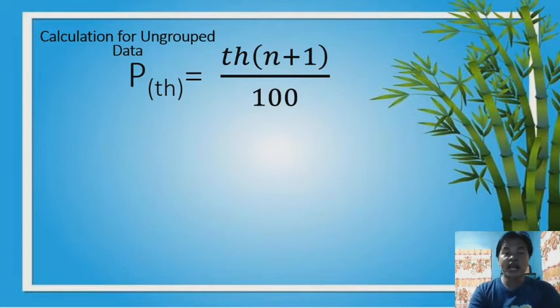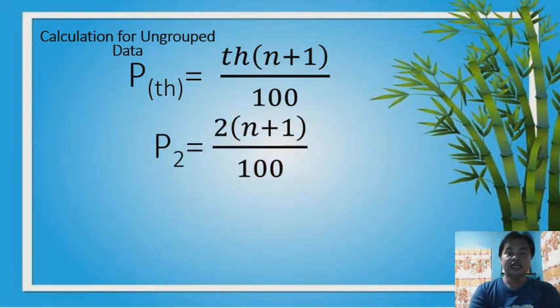So, kung ang hinahanap ay second percentile, from the given data, ang formula ay magiging ganito. So, P2 or the second percentile is equal to 2 times n plus 1 over 100.